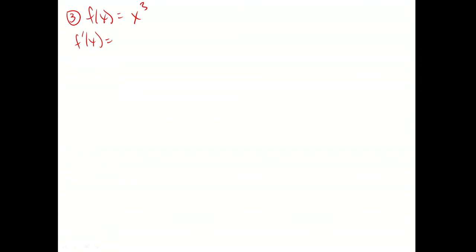So f of x plus h should just be x plus h cubed. Because again, if I'm trying to say what is f of x plus h, that's saying plug x plus h in for x. Well, that's just what I did.